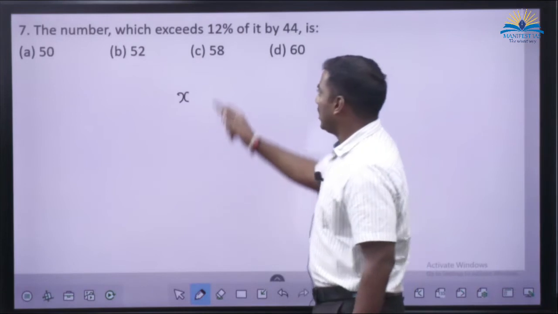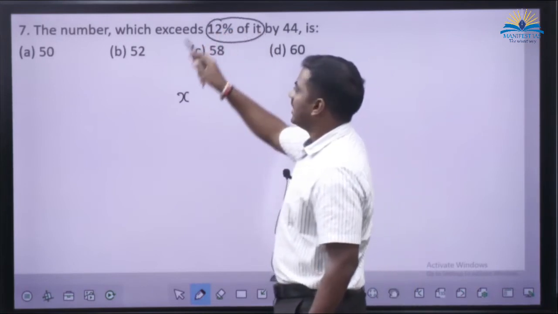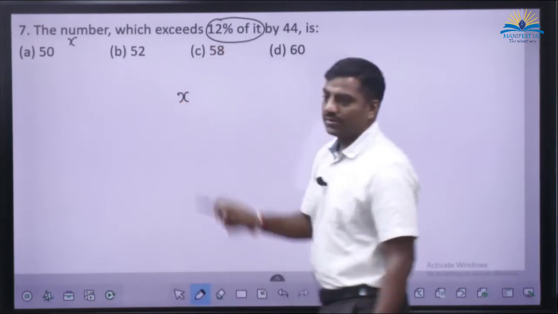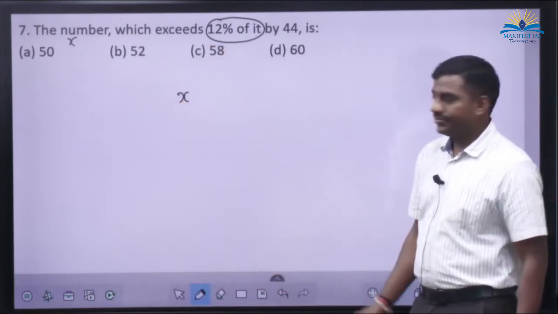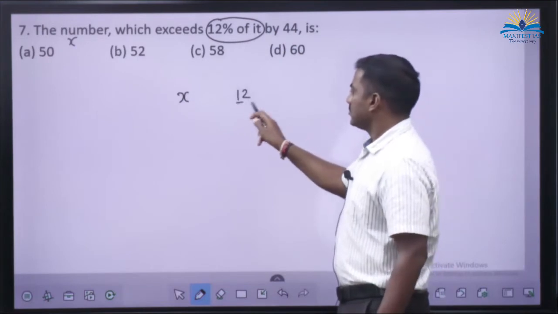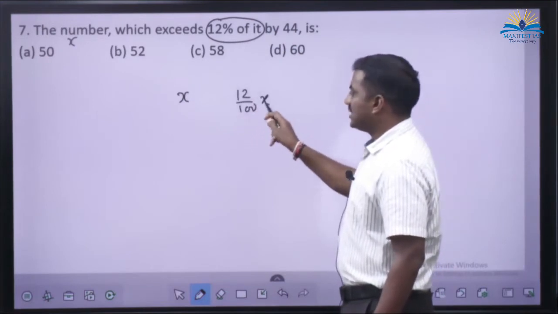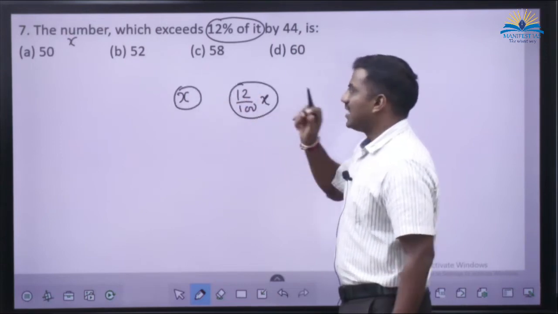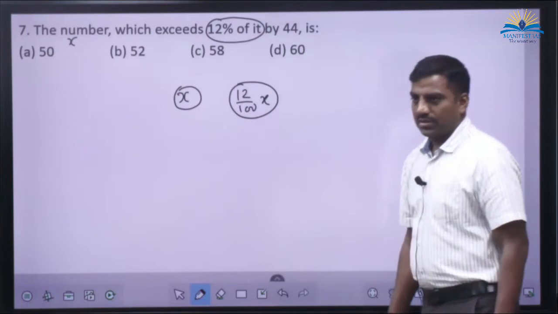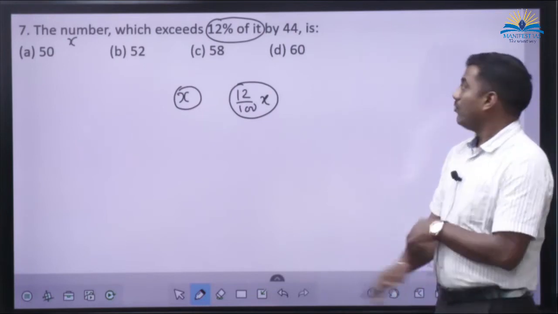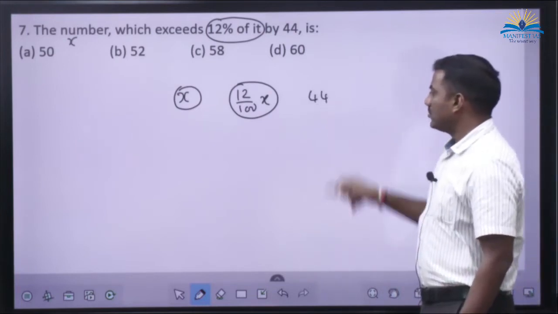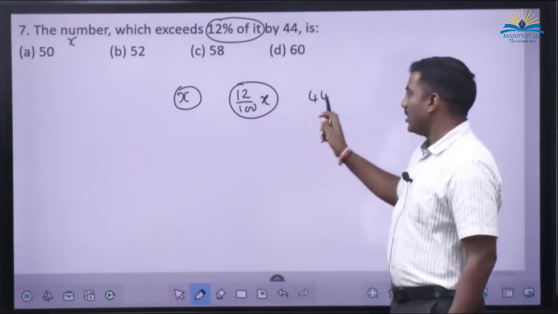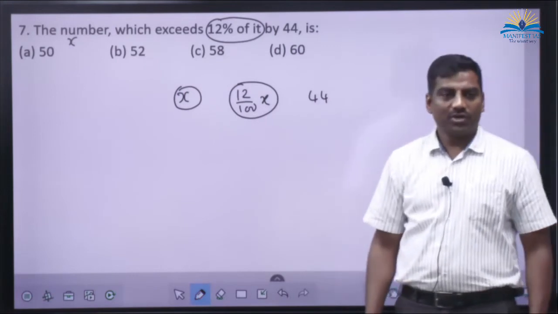And there is another number, 12% of it, that is 12% of x. This is one number. This is another number. And one more number they have given is 44.